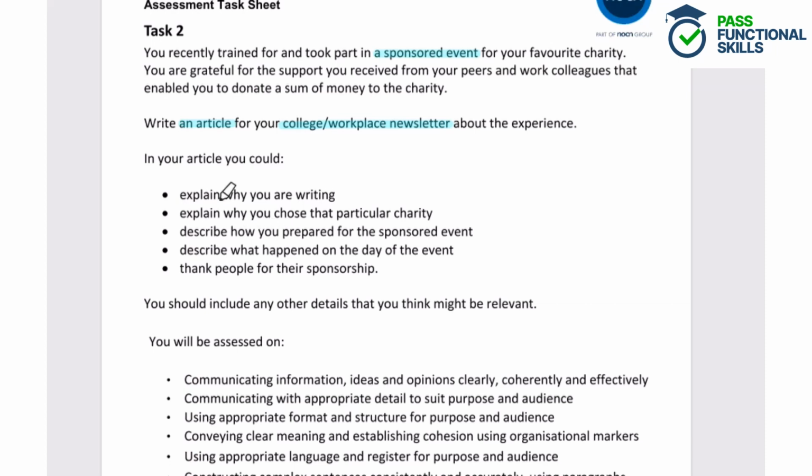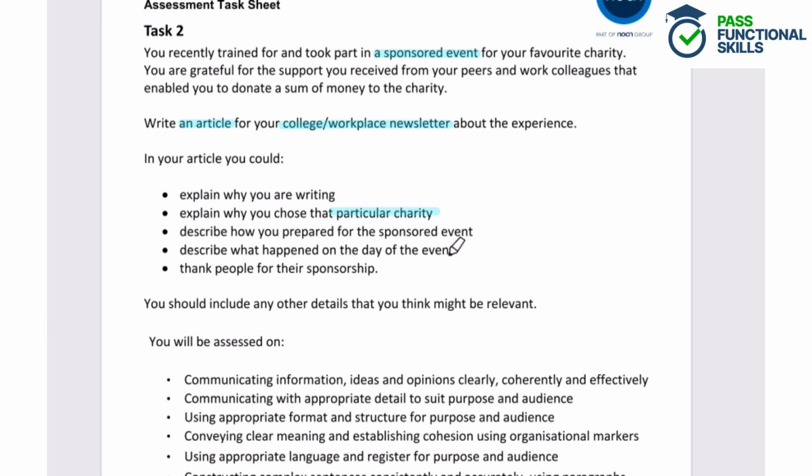So we have to explain our reasons for writing, we have to say that we've done this sponsored event, we have to explain why we chose a particular charity, so identify a charity and explain the work that it does, why you support it. Then describe how you prepared for it. So if it was a sponsored silence, for example, you might say that you prepared by practicing being silent for long periods of time.